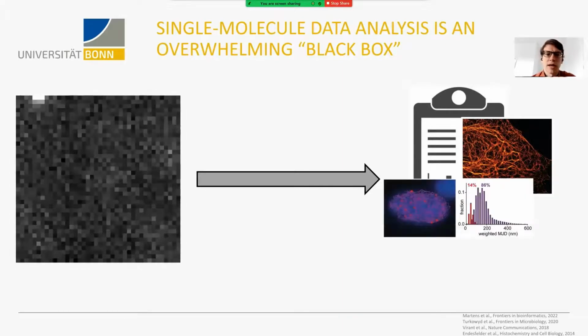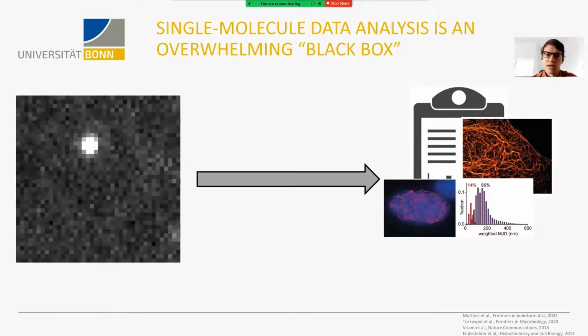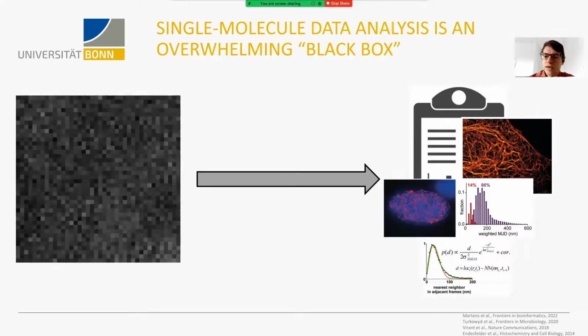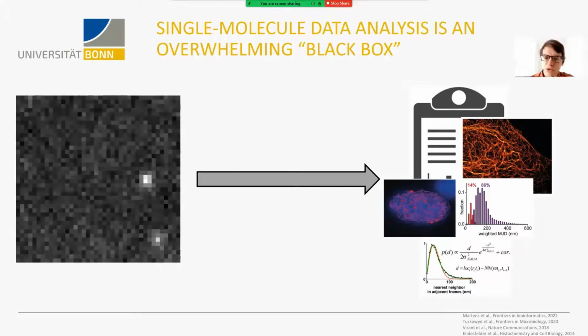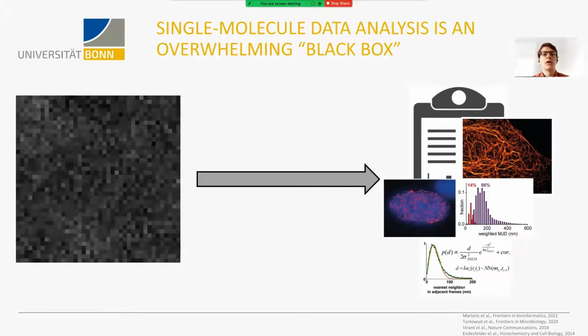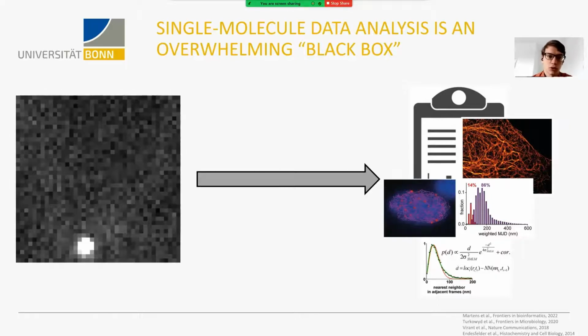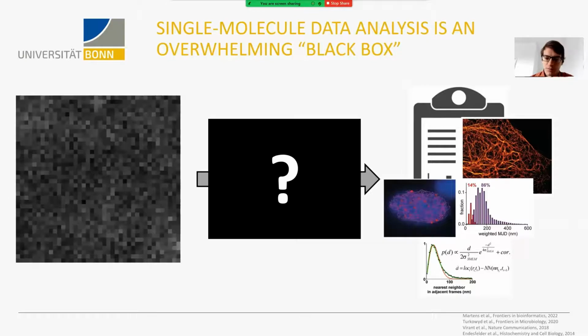You can do single particle tracking, where you actually need a slightly different toolbox, even though the beginning might be the same, but you run into different caveats. And you can do all kinds of interesting mathematical quantitative analysis, such as here, where I determine localization precision. But overall, if you're not used to this kind of data analysis, for example, if you're new to a lab or new to this technique, this is very much a big black box.